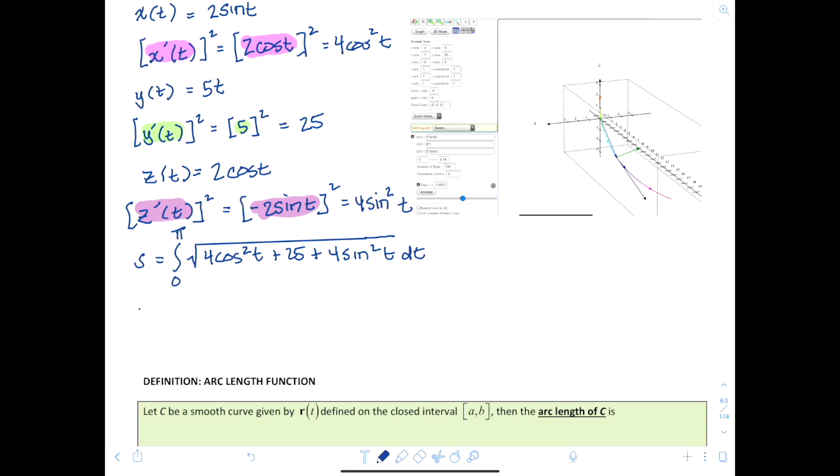All right, so now s will be the integral from 0 to pi. So I can play around with the trig identities. If I factor out 4 from just the cosine squared t and the sine squared t, I get cosine squared t plus sine squared t, and then I still have my plus 25 hanging around, with respect to t.